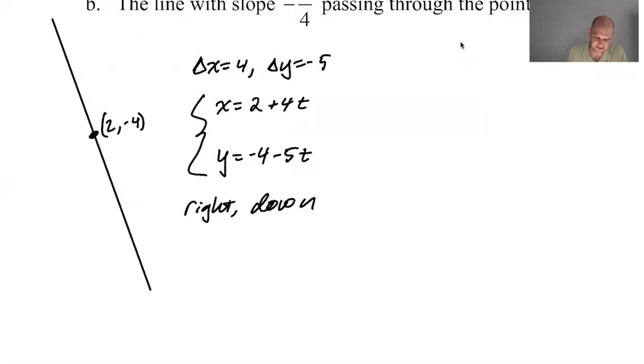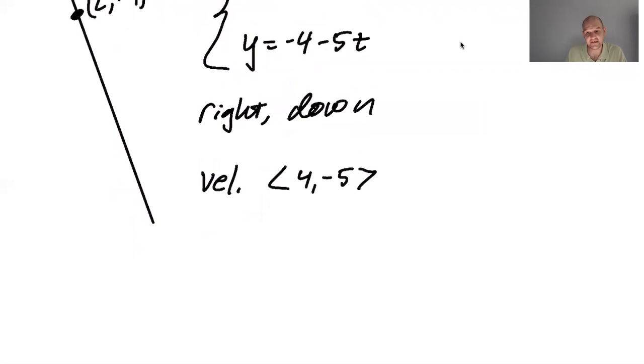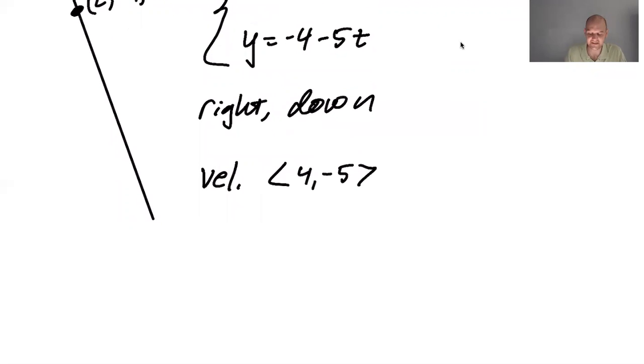So the velocity vector here is actually <4, -5>. Let's name it v, for velocity.